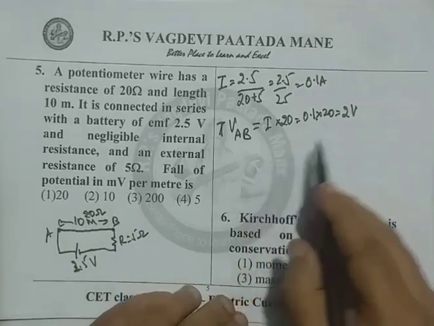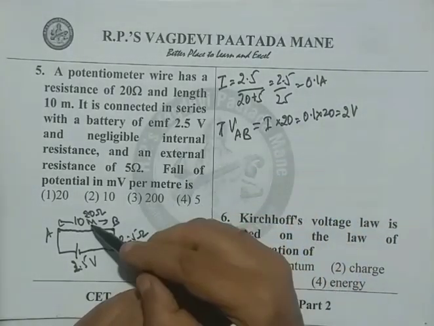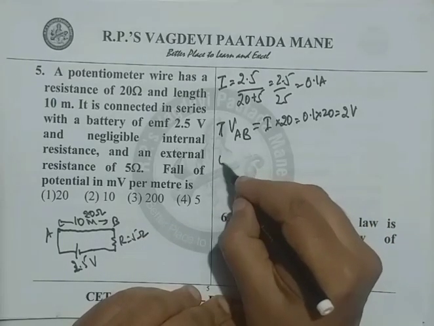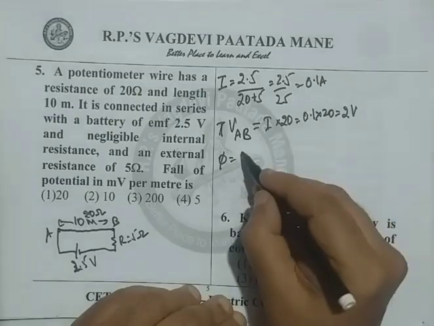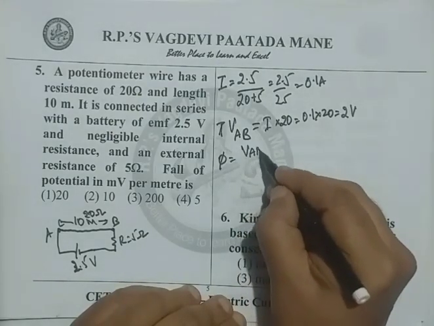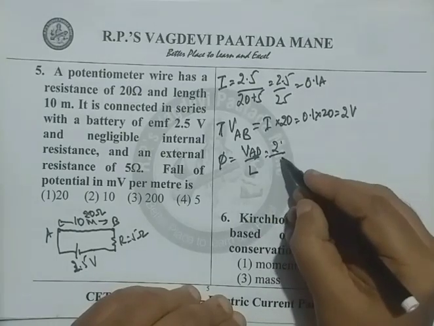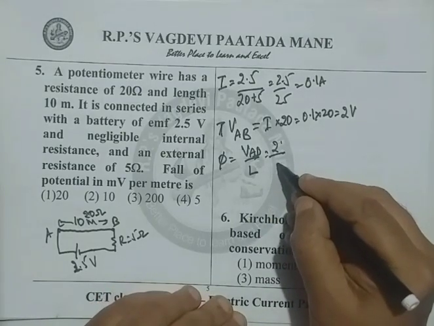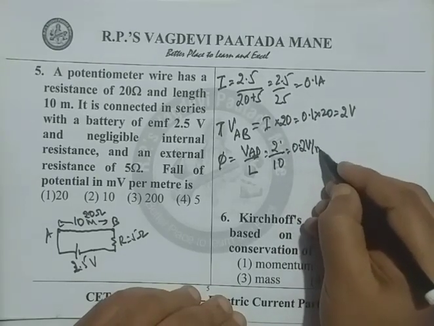So potential difference is known now. Therefore, as its length is 10 meter, potential gradient is given by VAB by length L, 2 by 10 meter. So 0.2 volt per meter.